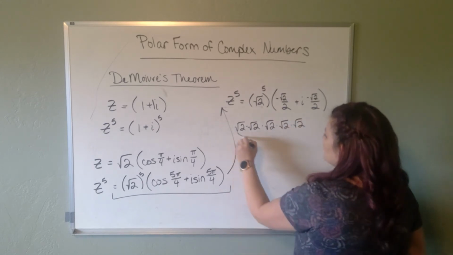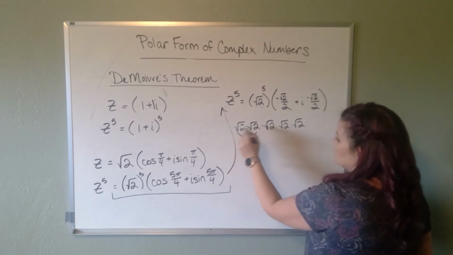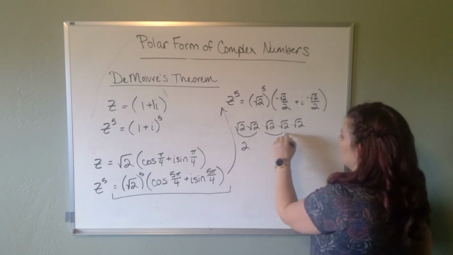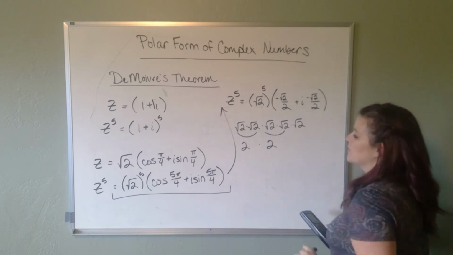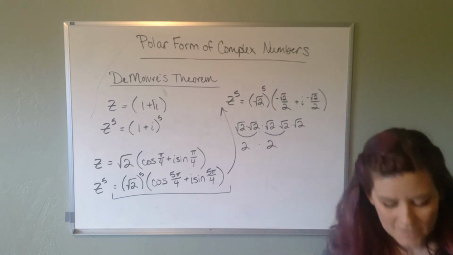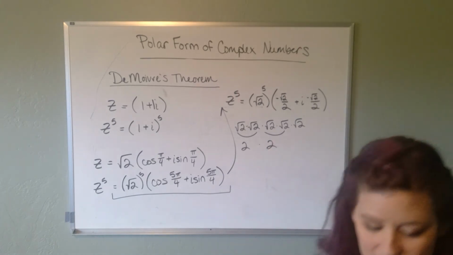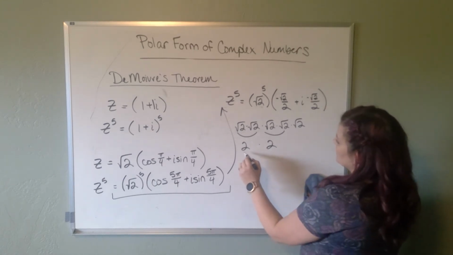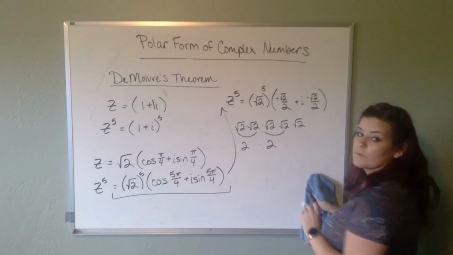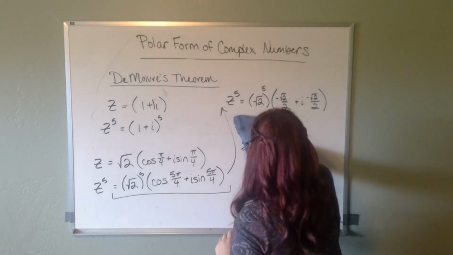You guys, when you have 2 of them, it makes 2, and then you have 1 left over. I think that's probably the easiest way to find it. On 2, at least, it's pretty easy. But the square root of 2 to the 5th is going to be 4, and then there's a root 2 left over.